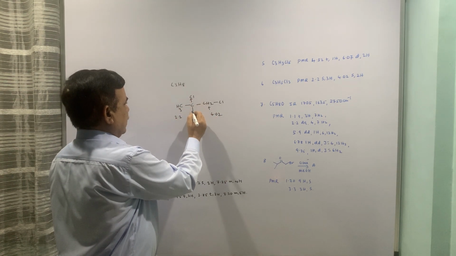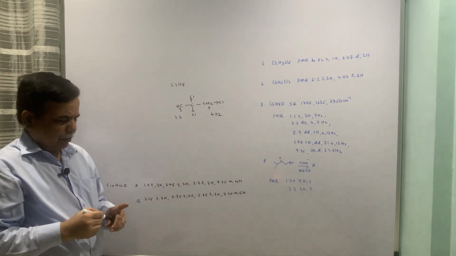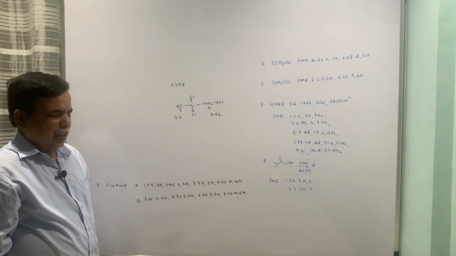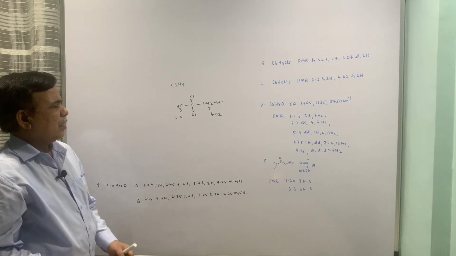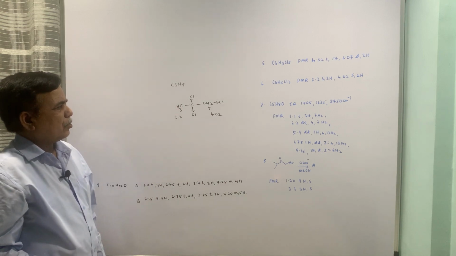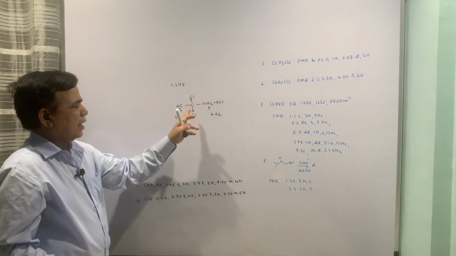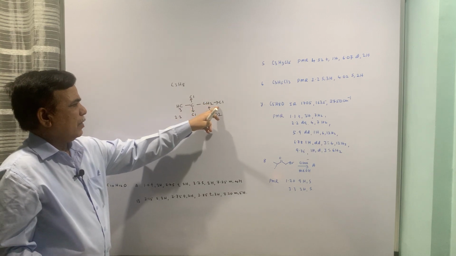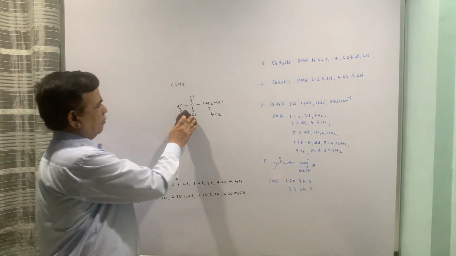The minus I effect is operating everywhere. So methyl as well as methylene are de-shielded because of the inductive effect of halogen, because halogen is directly attached to the carbon. Now, here it is beta, but here it is directly alpha, here also it is alpha.